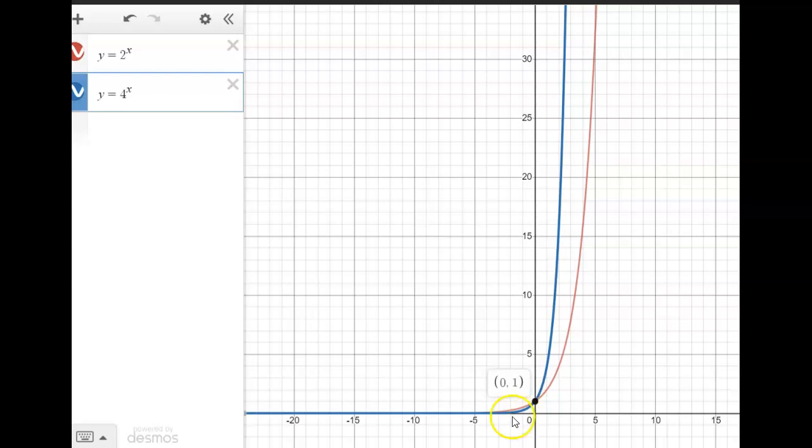However, right after that, the graph of 4 to the power x, which is the one in blue, starts growing or increasing faster.